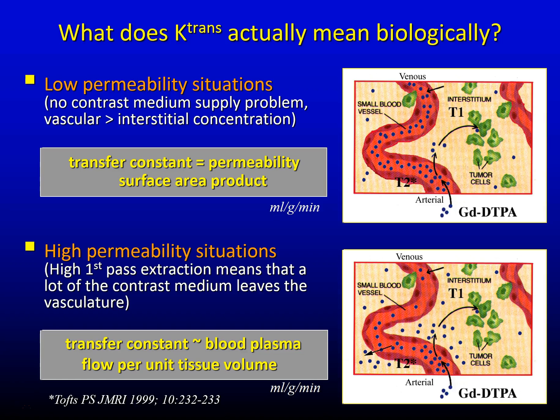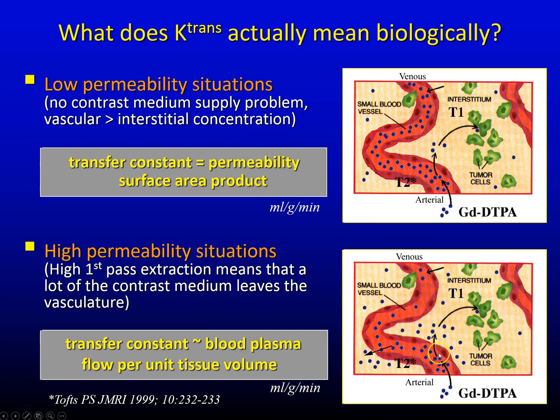So if you have a low permeability situation like this, for example, where most of the contrast stays within the vascular space, and this classically occurs in the brain, then the transfer constant, the rate at which the contrast agent goes into the extracellular space, is a reflection of the permeability surface area product.